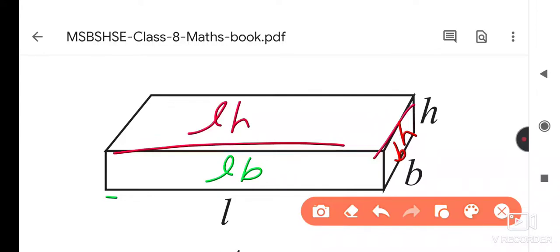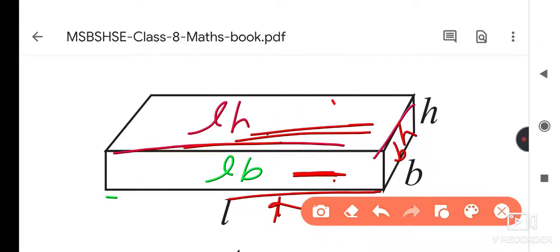Now notice the upper face and the face below it. The shape is like a cuboid. So there are two faces of L into H, one here and one below the cuboid. Length into breadth also has two faces, one this side and one up here.